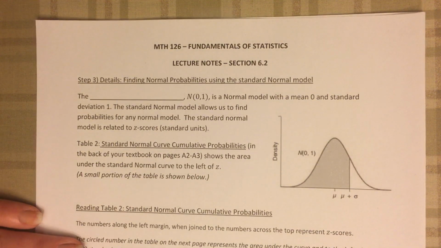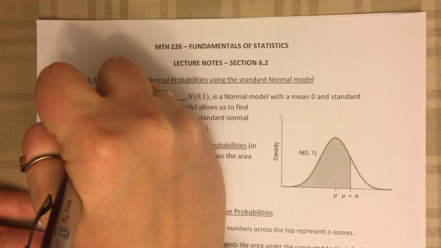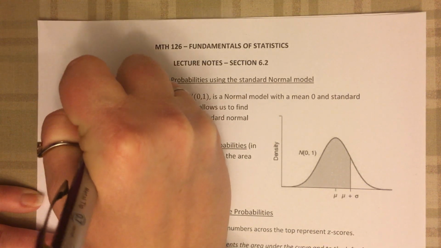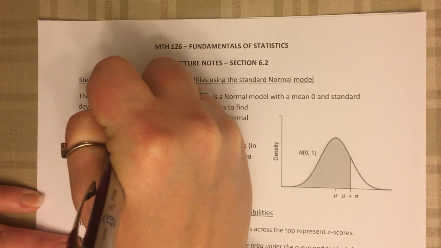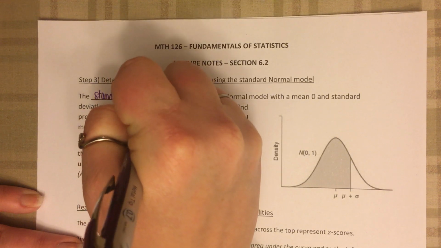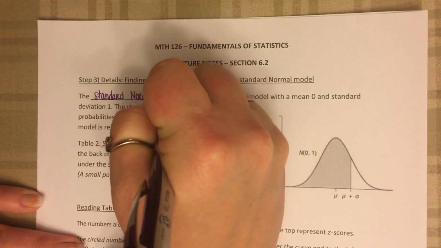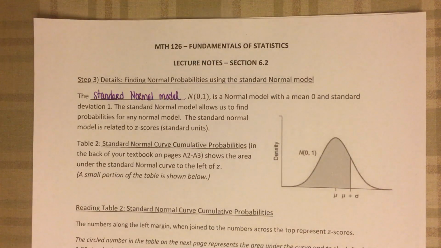Right? So what we're going to be using is something called our standard normal model. We've already used the term normal model, because as we're going through, it is a normal curve.